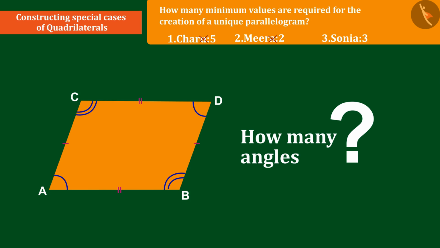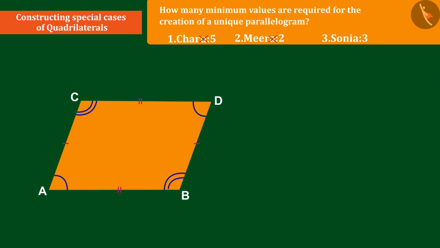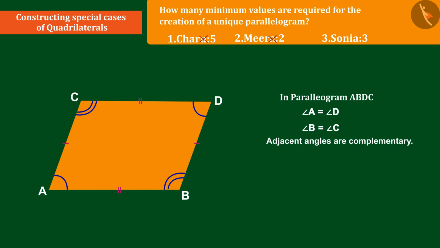Let us discuss this. Yes, if we know the measurement value of a single angle, then the measurement value of all the angles can be found, since the opposite angles of the parallelogram have equal measurement values and the adjacent angles are supplementary.